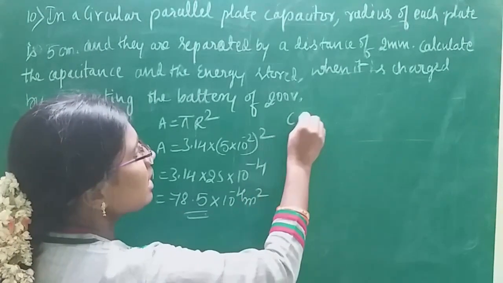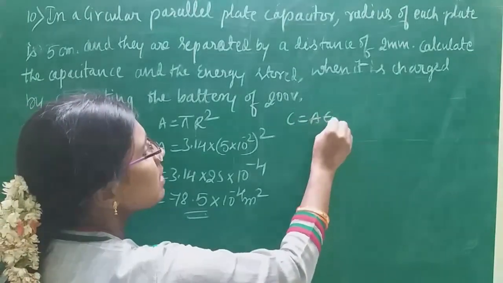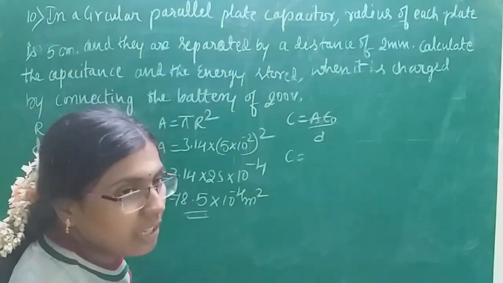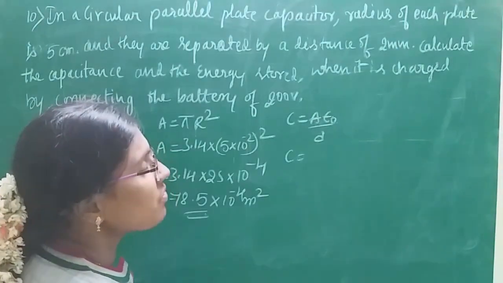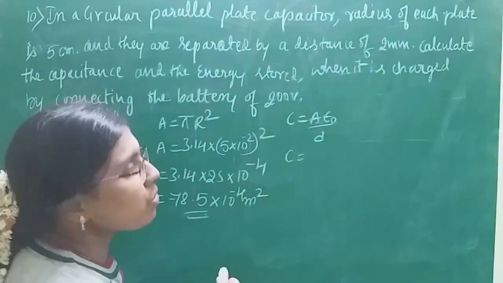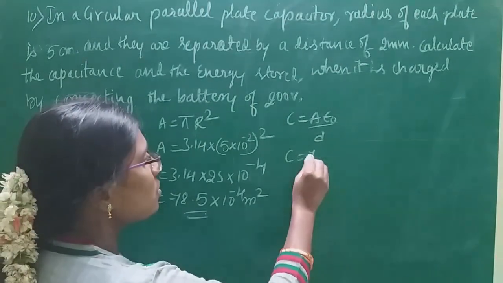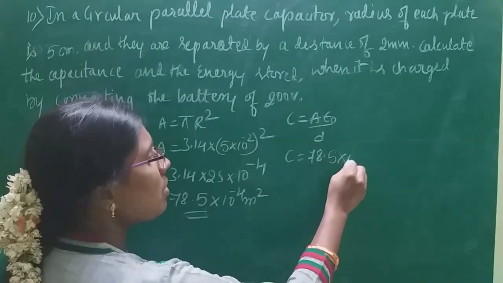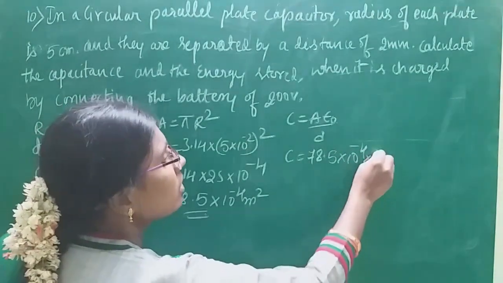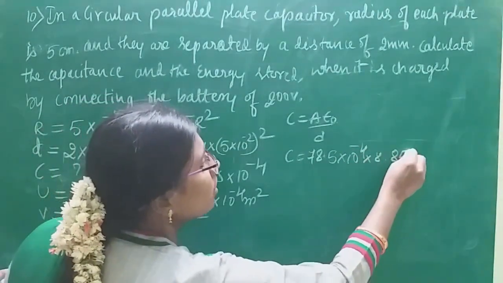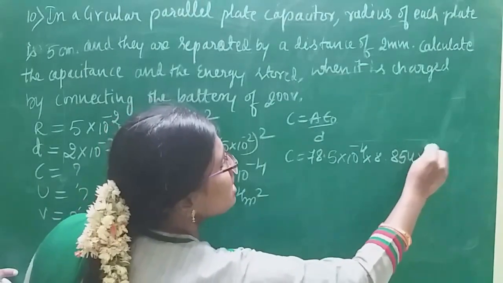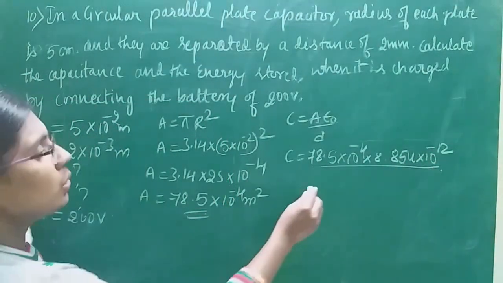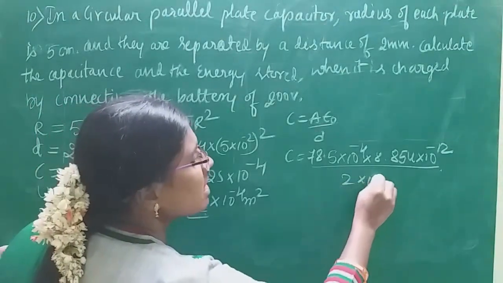Then we need to calculate the capacitance. So C can be written as A into epsilon naught by d. Here epsilon naught is the permittivity of free space, and its value is 8.854 into 10 power minus 12 farad per meter. So C is 78.5 into 10 to the power of minus 4 into 8.854 into 10 to the power of minus 12 divided by the distance of separation, 2 into 10 to the power of minus 3.